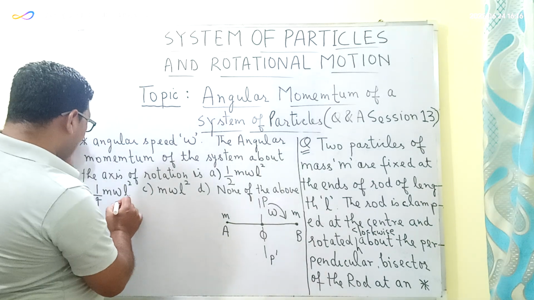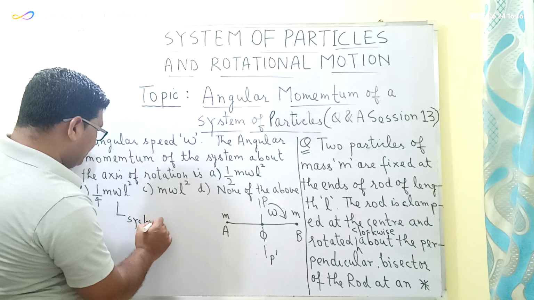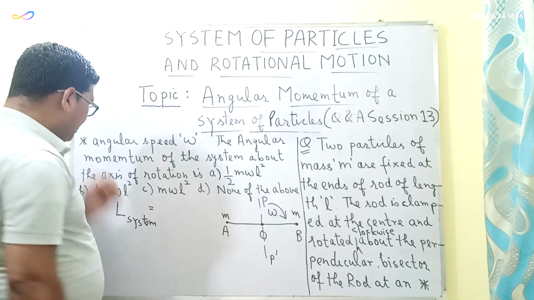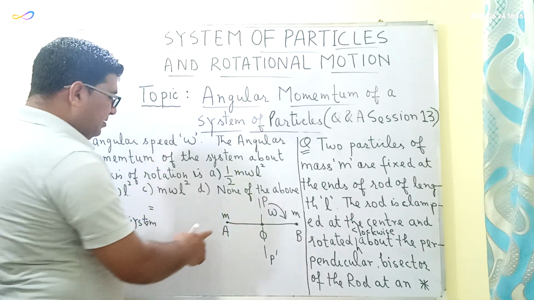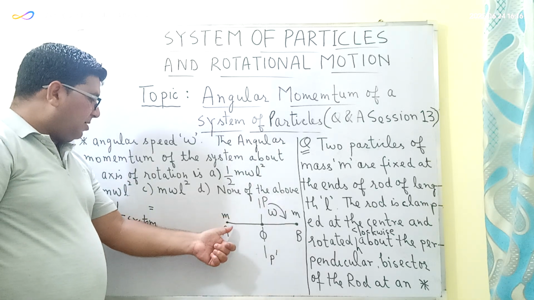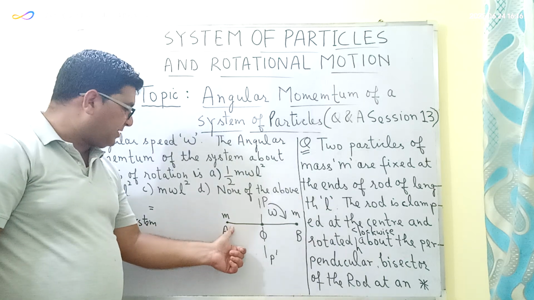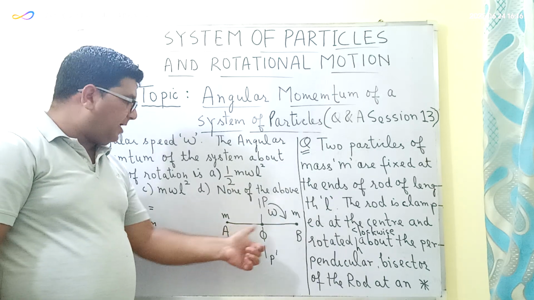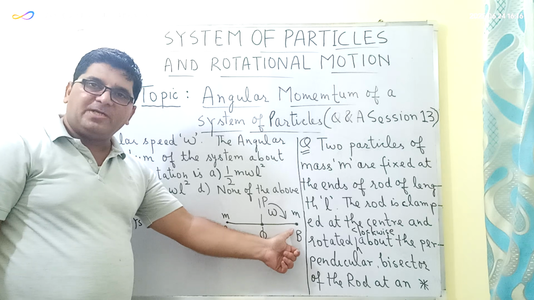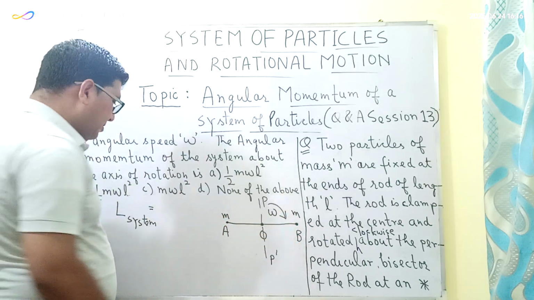The symbol of the angular momentum is L. The angular momentum of the system will be due to the particle of mass m fixed at the point A and the particle of mass m fixed at the point B.